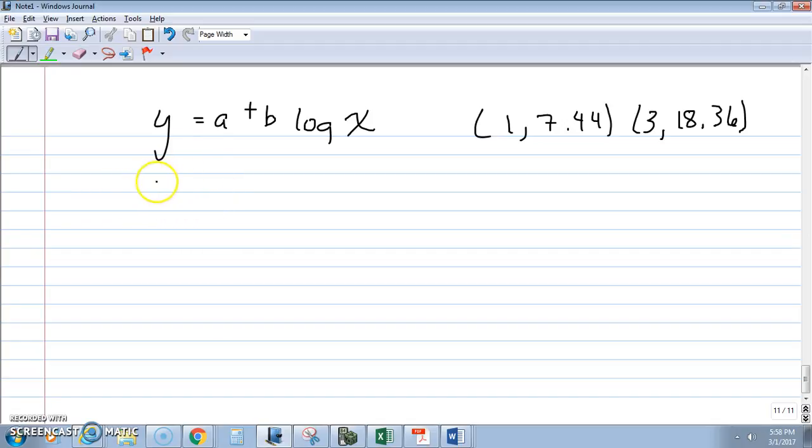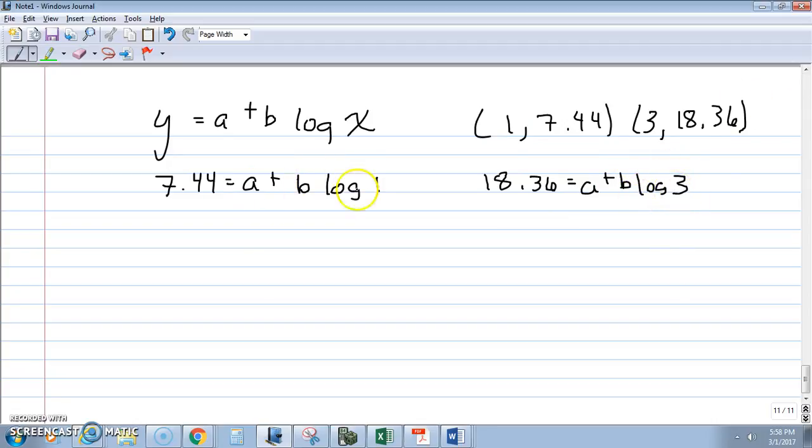Okay, so my first equation is 7.44 equals A plus B log 1, right? And my second equation, my y, 18.36 equals a plus b log 3. Okay, so let's do this one.